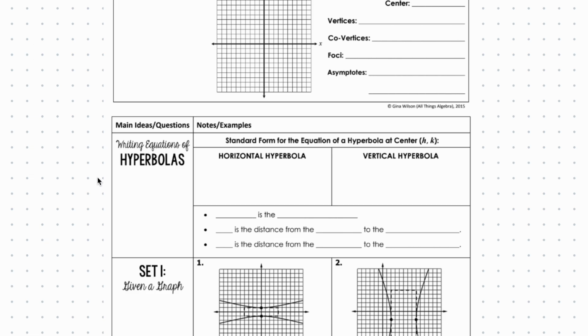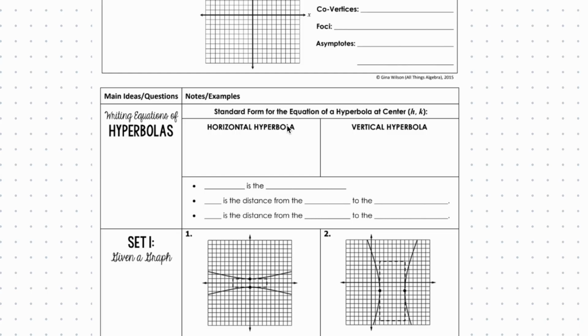Okay, so here we're just going to rewrite our equation for horizontal and vertical hyperbolas, right? It's just x minus h squared over a squared minus y minus k squared over b squared equals 1. And for the vertical one we're just going to switch x and y.